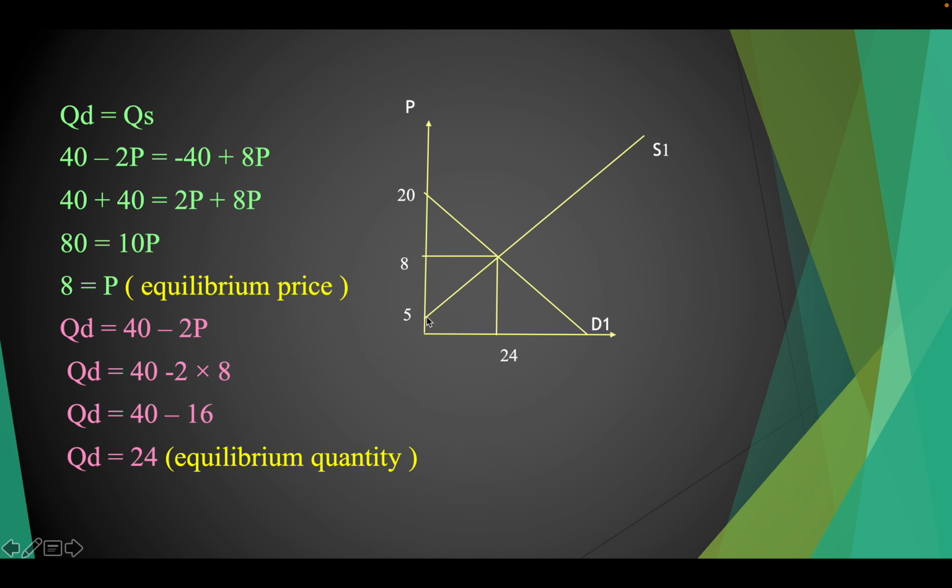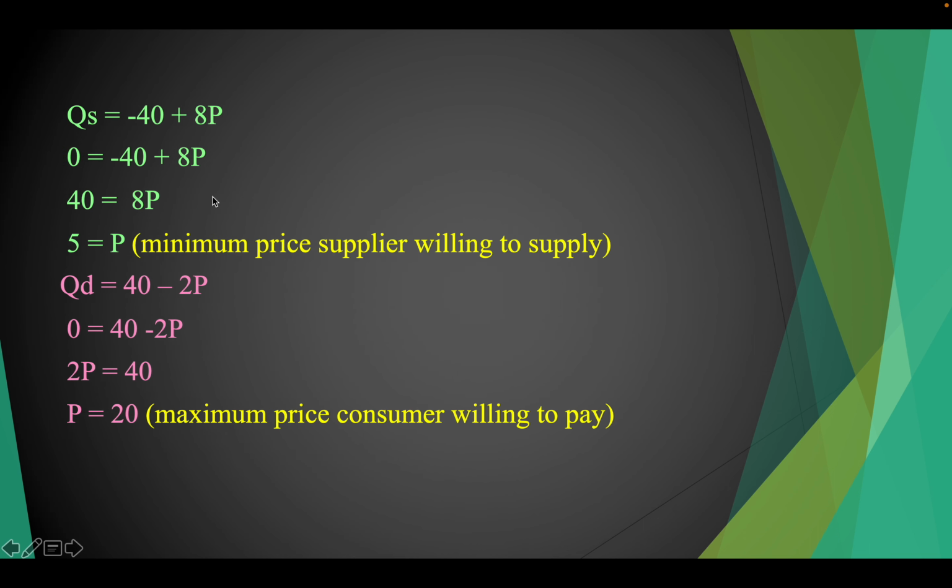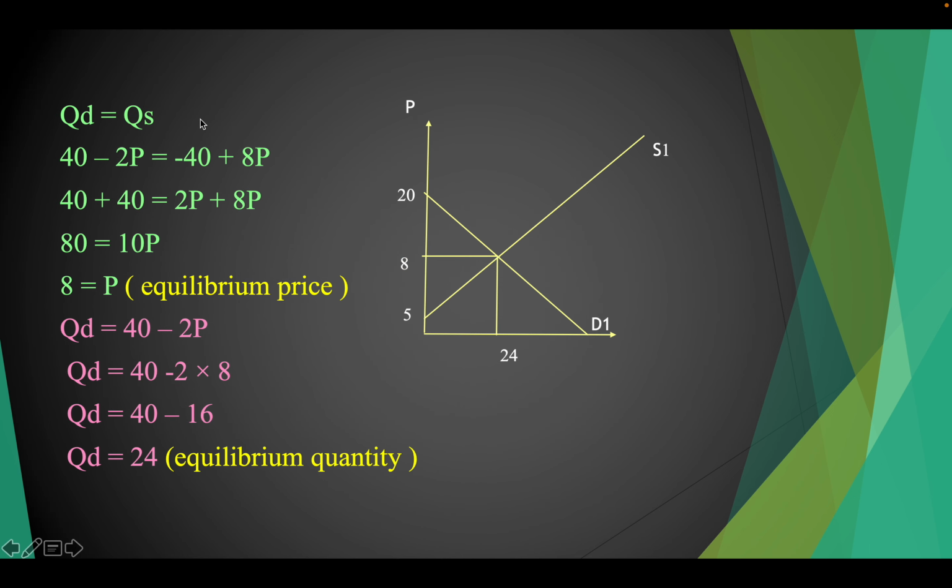It intersects here, where the quantity is 0, and we have to find the price. The supply curve intersects the price axis at the minimum price the producer is willing to supply.